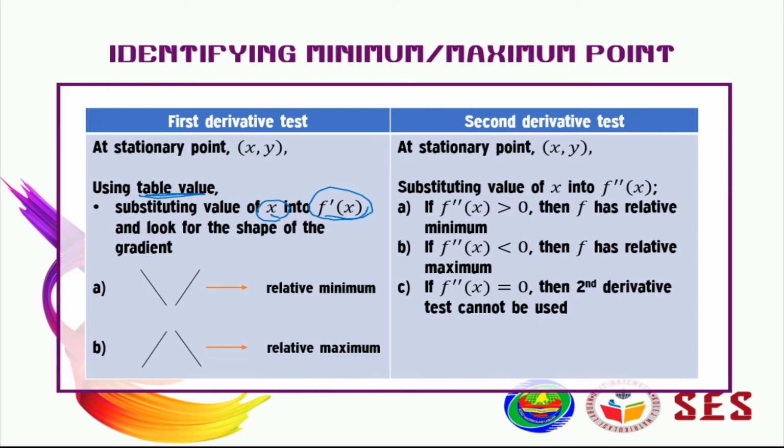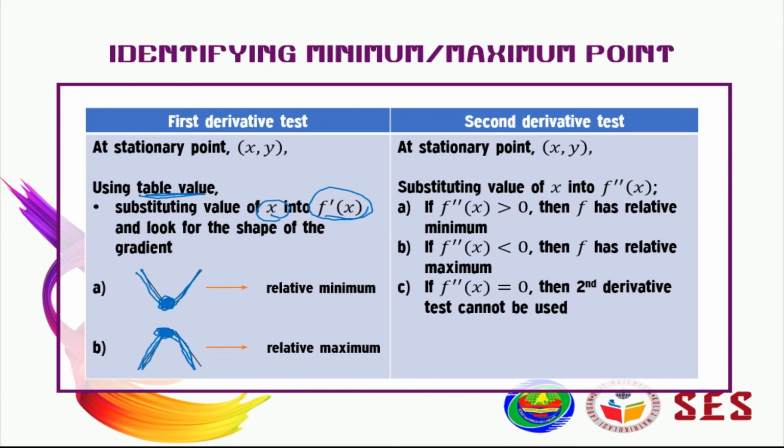If you have a shape of a gradient that looks like this, which means that your stationary point is down here, then it is a relative minimum. If you have a shape of gradient that looks like this, which means that your stationary point is up here, then it is a relative maximum.